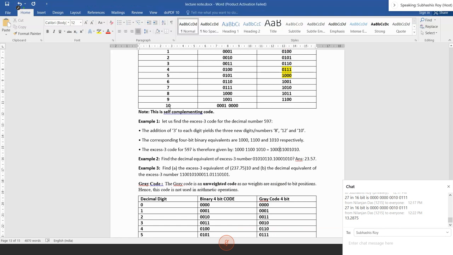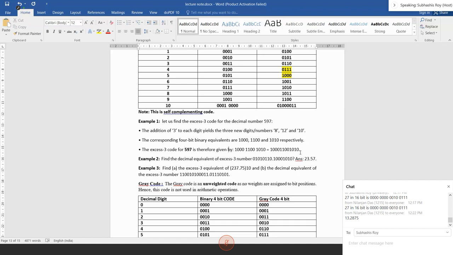Similar to that, here for 597 the representation is for 8, 12, 10. So for 12, what you are getting here is this, and this is for 8. Let me show you directly.